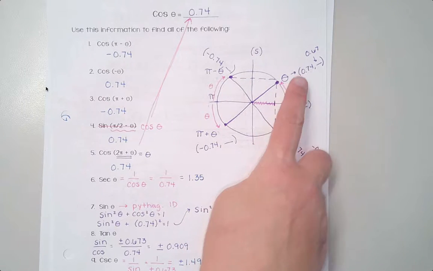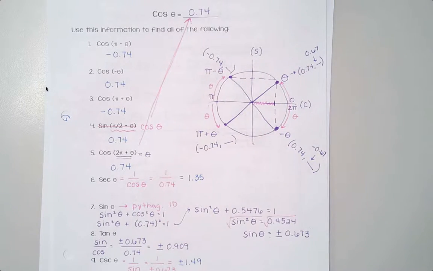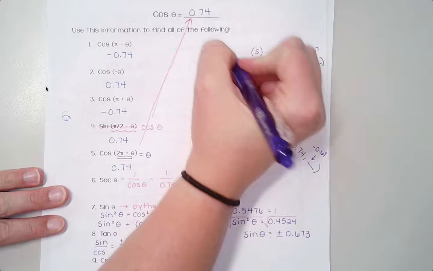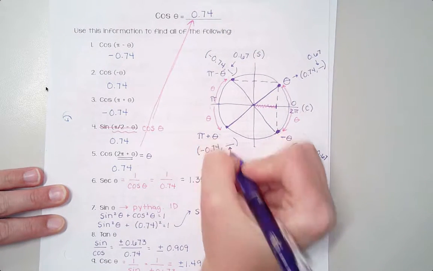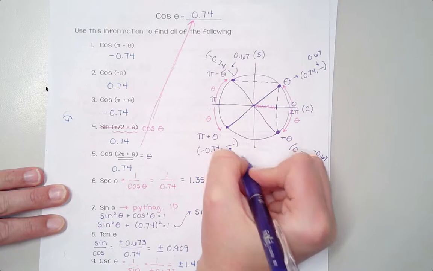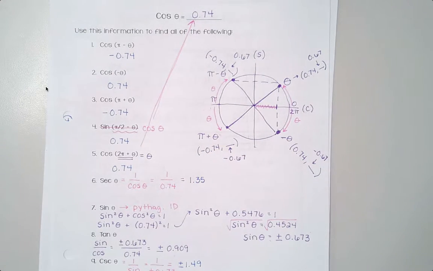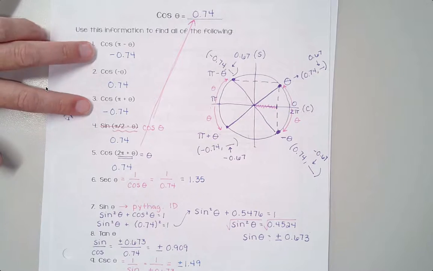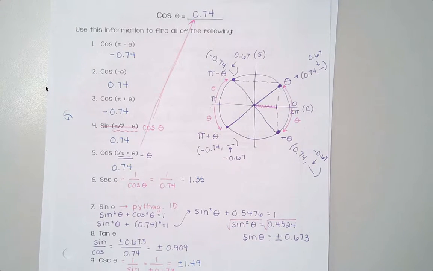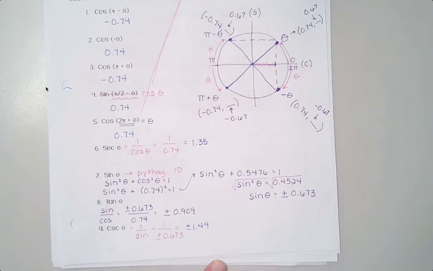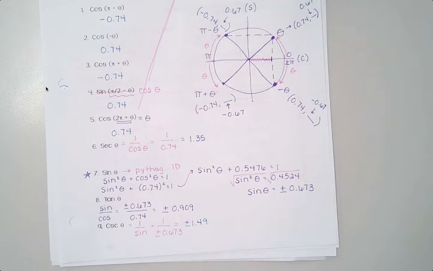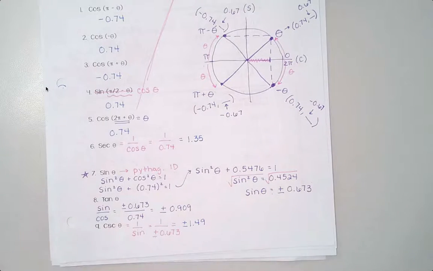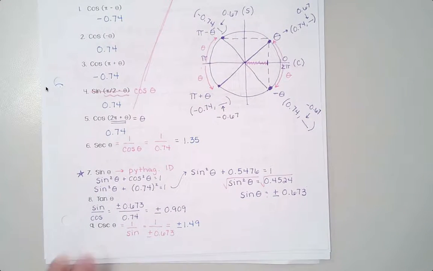So like these two angles here would have the same sine value. This would be positive 0.67. This one would be negative 0.67. But then they change going up and down. So that is going to change some of your answers for these first few. You will still get pluses or minuses anytime you do anything involving that Pythagorean identity, because you're looking at two different possible angles.